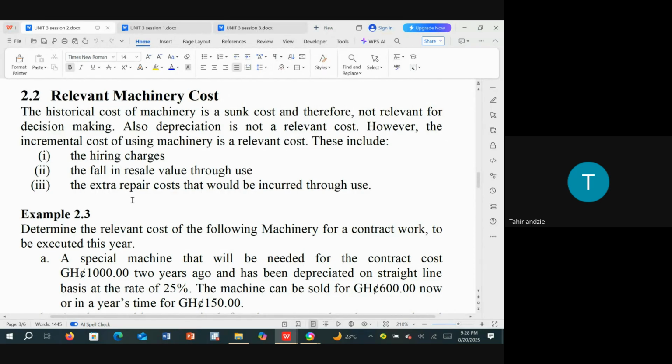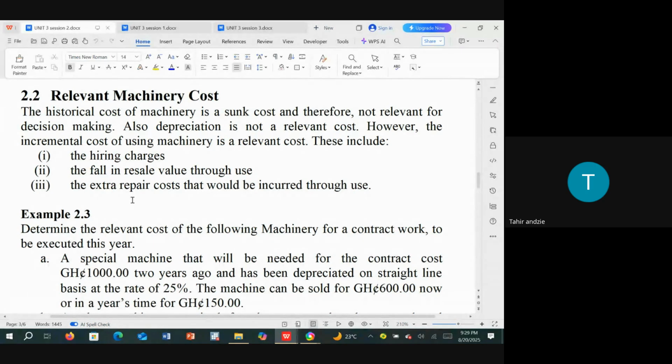Then the loss in value as a result of use is 40,000, and this 40,000 becomes the relevant cost for this product. So it is not the historical cost, but the fall in resale value of the asset as a result of use.